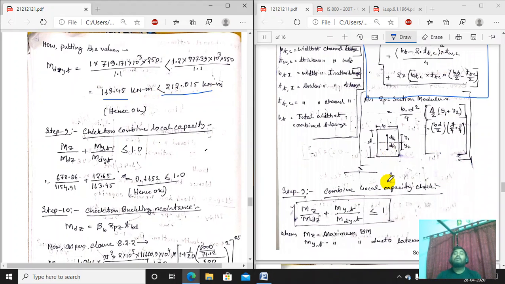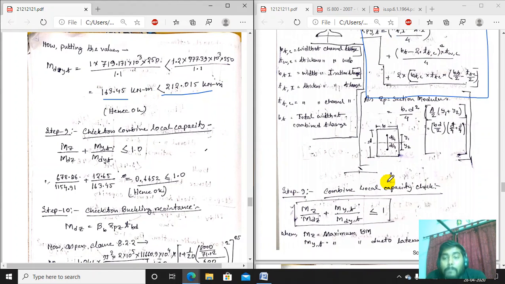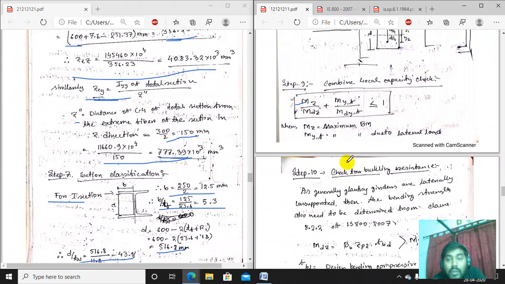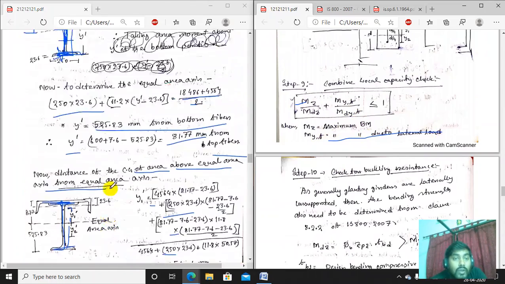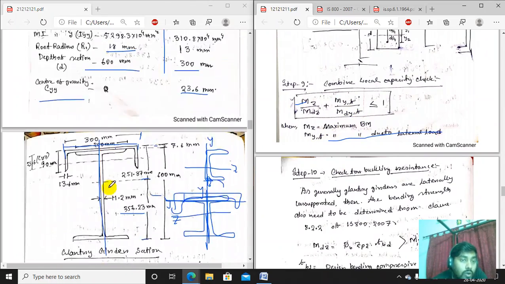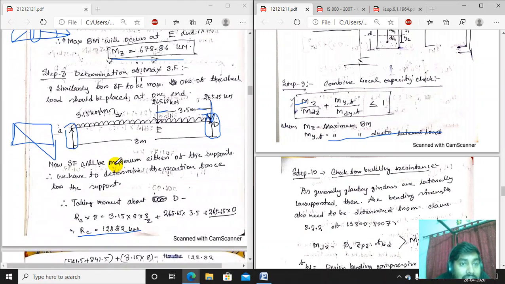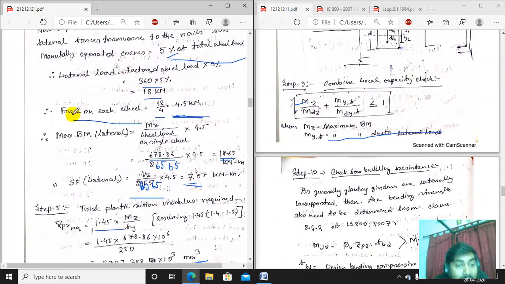Now coming to step number 9. What does it say? It says combined local capacity check. Combined local capacity should be checked by this formula, where Mz is the maximum bending moment that we have got, and Mdyf is equal to the maximum bending moment due to lateral load. So let us come to the formula where we have calculated. So maximum bending moment we have got is 678.86, and maximum bending moment due to the lateral force we have got is 12.65.